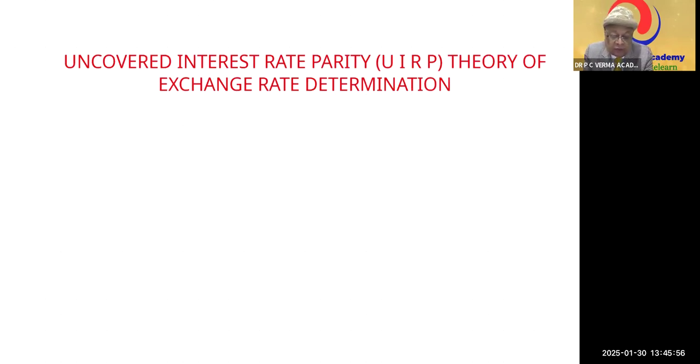Implication of interest rate parity theory. If the interest parity theory holds, then it can negate the possibility of arbitrage. It means that even if investors invest in domestic or foreign currency, the rate of return will be the same as if the investor had originally invested in domestic currency.